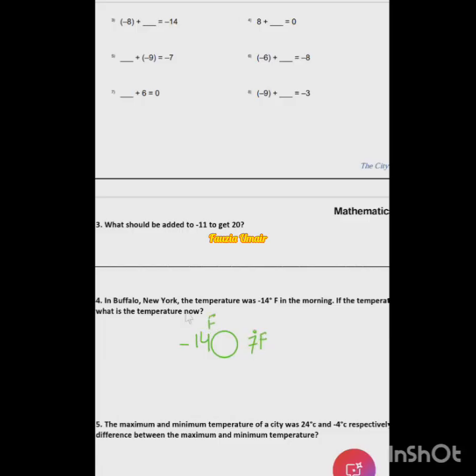Can you tell me, if the temperature was minus 14 in the morning and it dropped by 7, what is the operation in between? Ma'am, we will subtract. Very good. Dropped by means we will subtract. So can you subtract and tell me the answer?